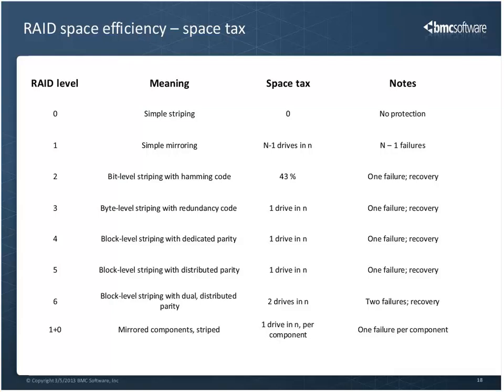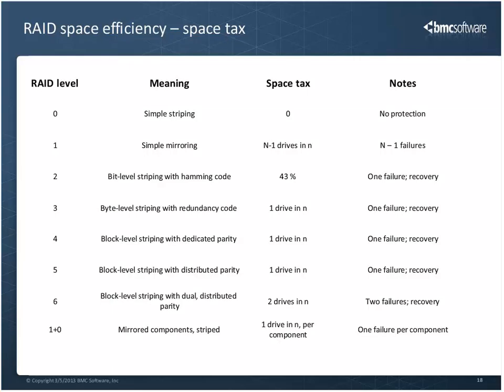Just to give you one more example, if you look at RAID level 5 toward the bottom, block level striping with distributed parity, which means the parity bits are also distributed among multiple disks. So the space tax here would be one drive among n drives. So commonly used configuration is 6 or 7 drives for the RAID.